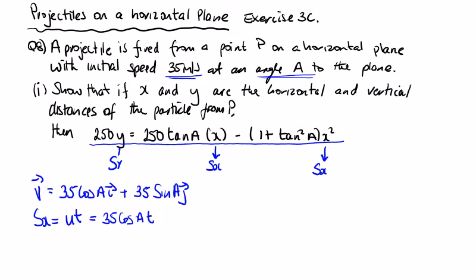So we don't have anything to do with time here or the displacement, so we're going to have to put t into this equation. Displacement in y is ut plus a half at squared, which is equal to 35 sine alpha times t minus 4.9 t squared. Now will I put this as 4.9? I think I will leave it as 4.9 for now.